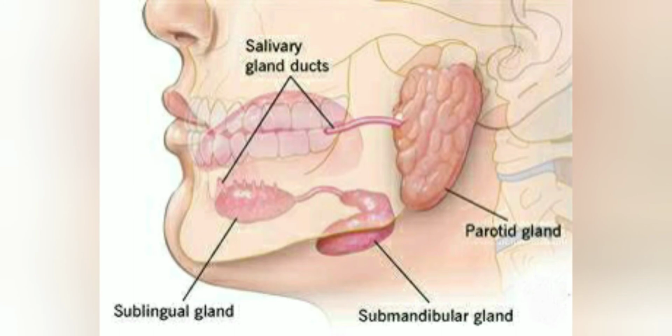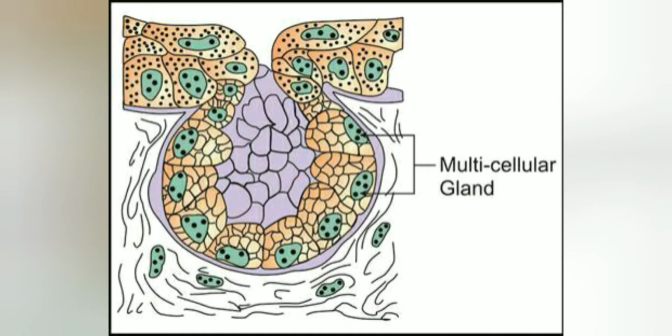Now, depending on mode of secretion, the multicellular glands are classified as duct-bearing glands, that is exocrine glands, or ductless glands, that is endocrine glands. If we say exocrine glands, then we know they have a duct, that is connection.